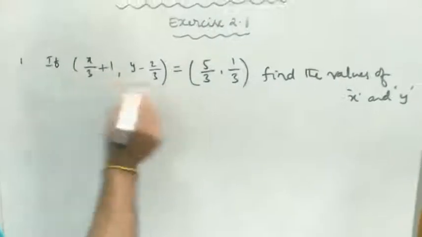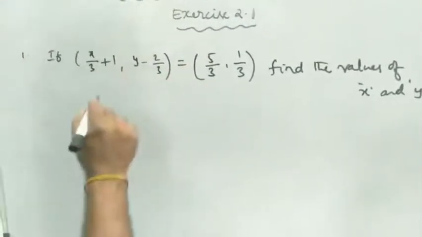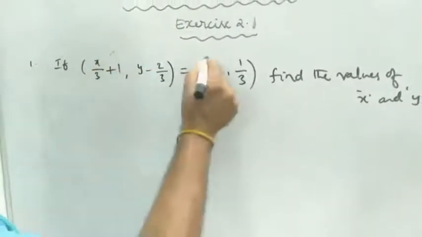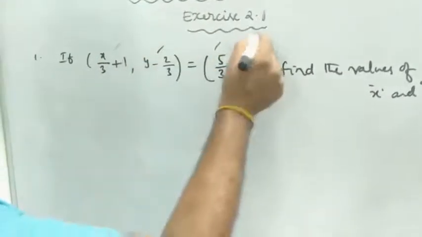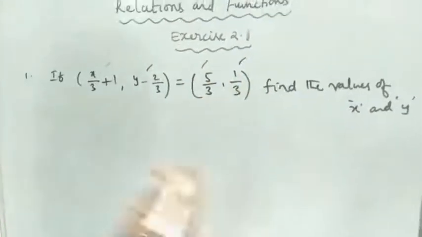Since the ordered pairs are equal, the corresponding first elements are equal and the corresponding second elements are equal. We know that.